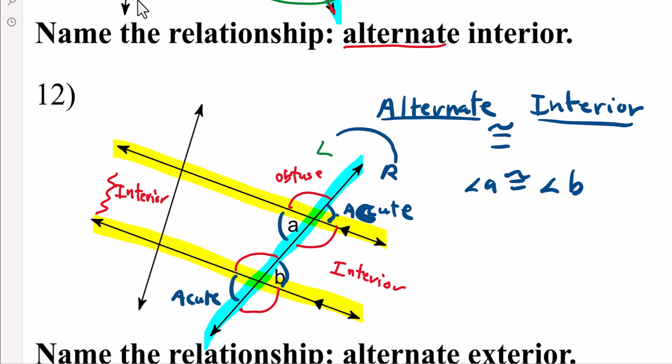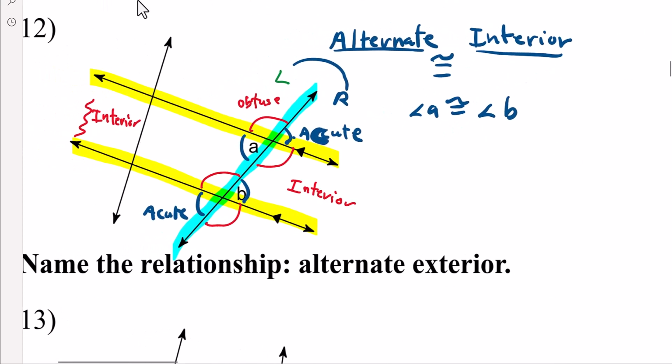There's only two types, acute or obtuse, unless the transversal cuts the parallel lines and all of them form right angles. Then all of the angles equal each other because they're all 90.